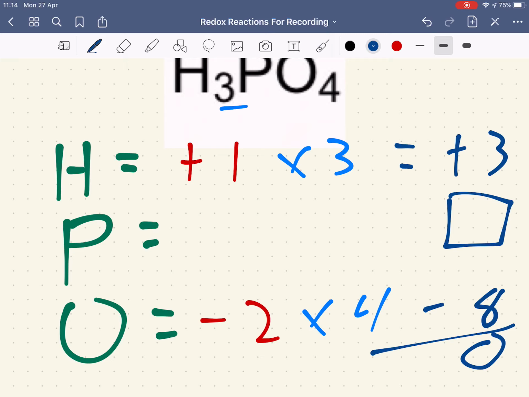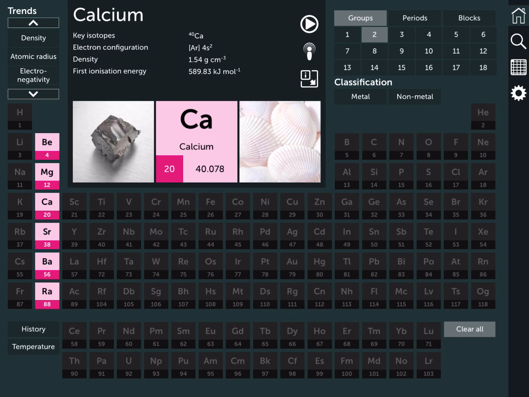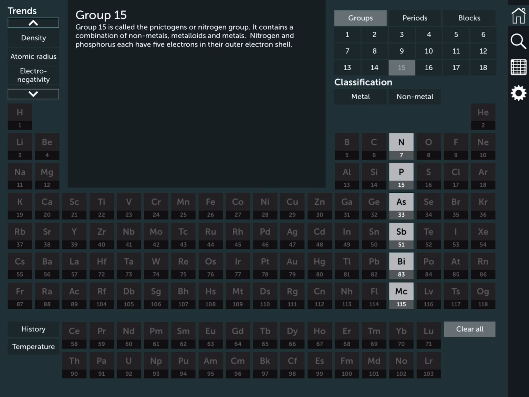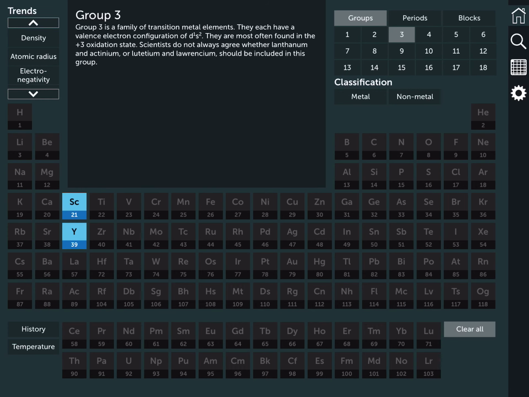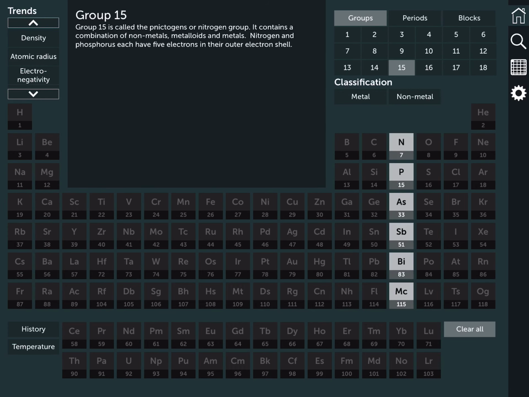Yeah, it's got to be +5. Okay? So then that means that for phosphorus we've got +5. Take a look at a periodic table. Where is phosphorus? There it is. It's in group 15, right? 1, 2, 3, 4, 5. So phosphorus has 5 valence electrons. That makes good sense then with the oxidation number that goes along with it.